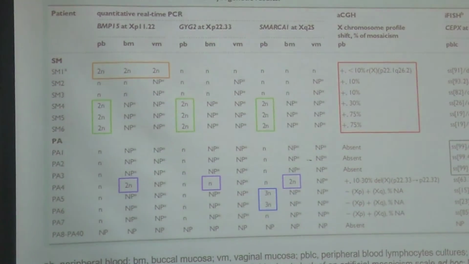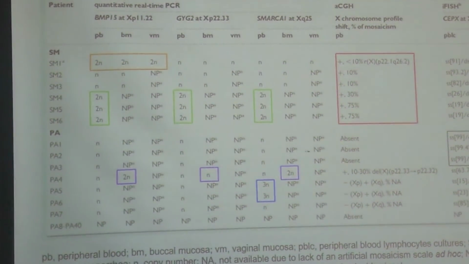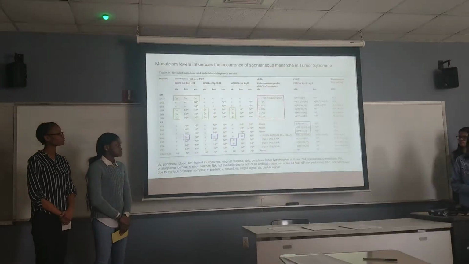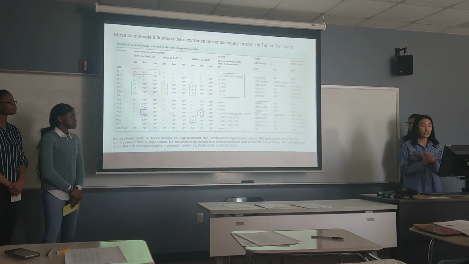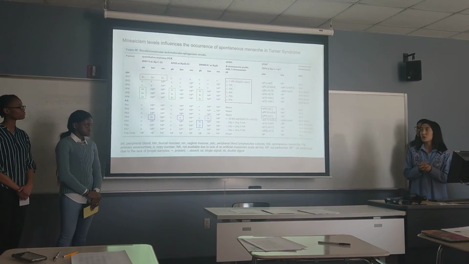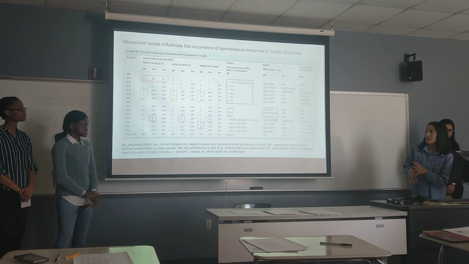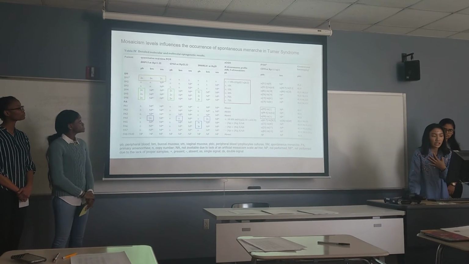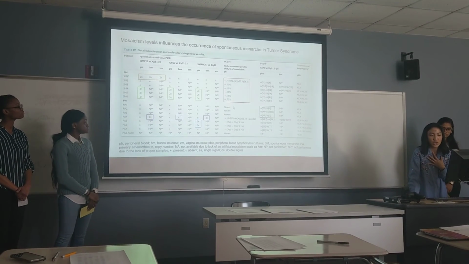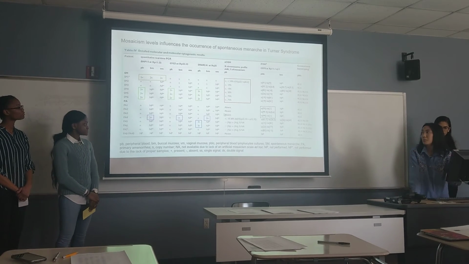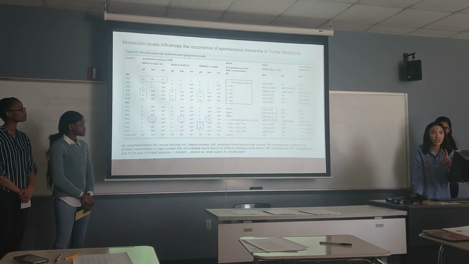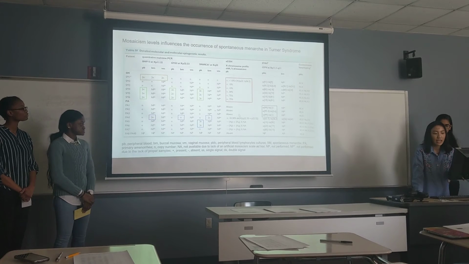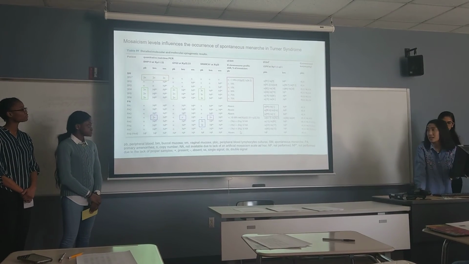So in summary, we could conclude that mosaicism levels influence the occurrence of spontaneous menarche in Turner syndrome. This is because if we're going to look at the aCGH results, all of them have the second X chromosome absent, as well as the rest.